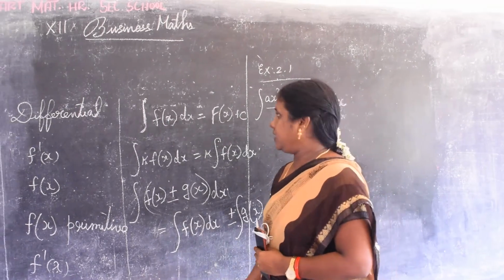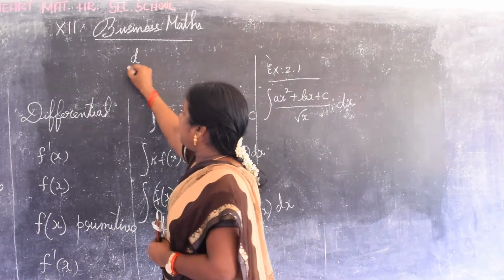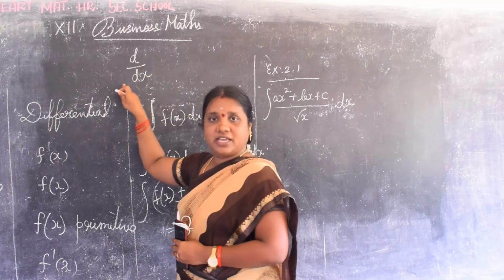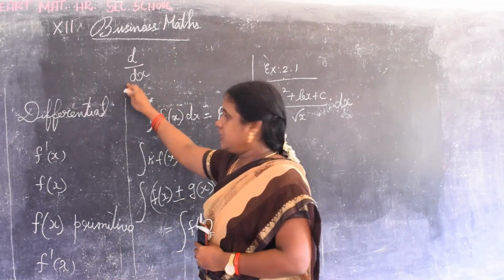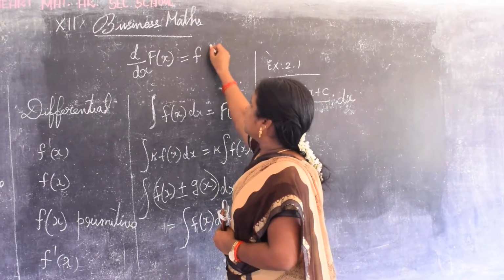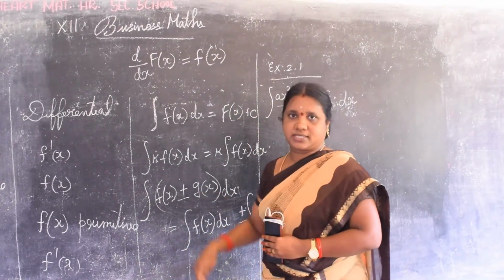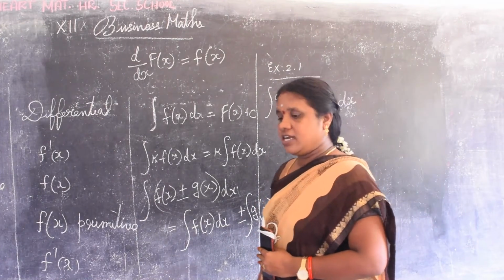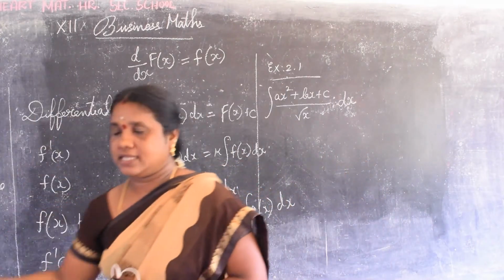These are the properties. Next, d by dx means differentiation. D by dx of integral f of x dx is small f of x. Have you understood? Next I am going to write some results.